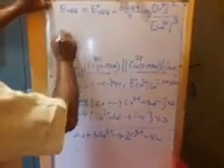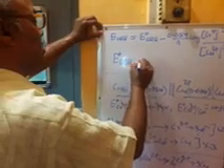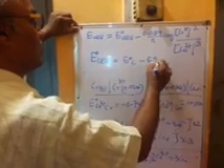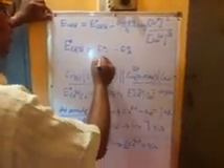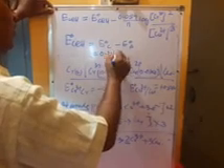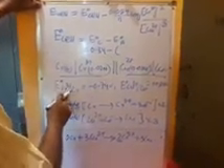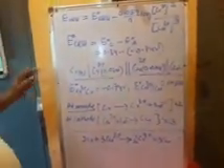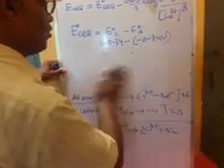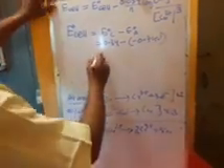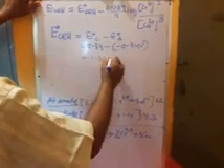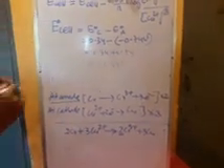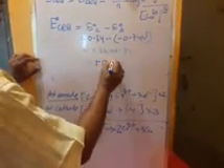Now find E naught cell, which is E naught cathode minus E naught anode. Cathode is the copper electrode, so 0.34 volt minus the anode, the chromium electrode, minus 0.74 volt, which is 0.34 plus 0.74 equal to 1.08 volt.